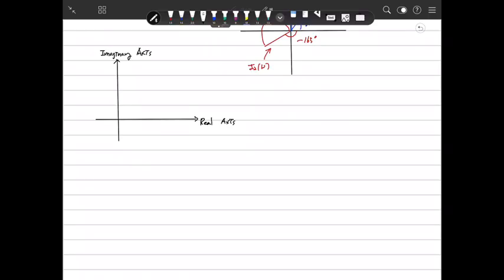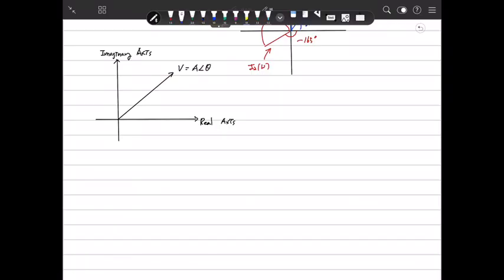Then we make any complex number here, define it as V, with magnitude A and phase angle theta.